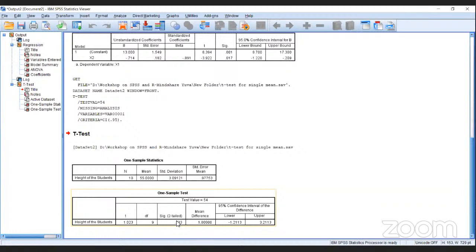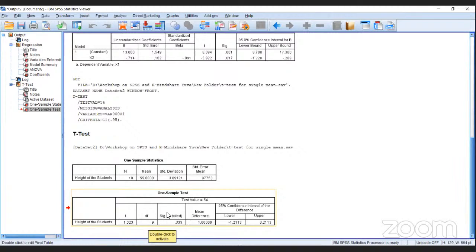We don't have any evidence to reject the null hypothesis here, because the mean is already 55. The calculated value is 1.023 and the degrees of freedom is this. We compared this calculated value with the tabulated value, and found there is no difference.